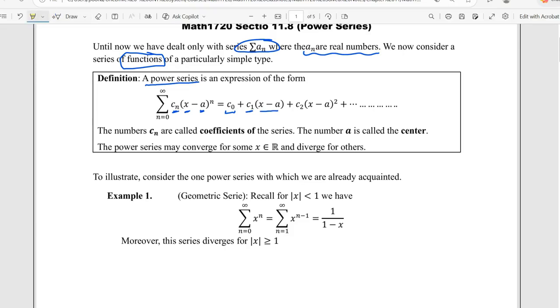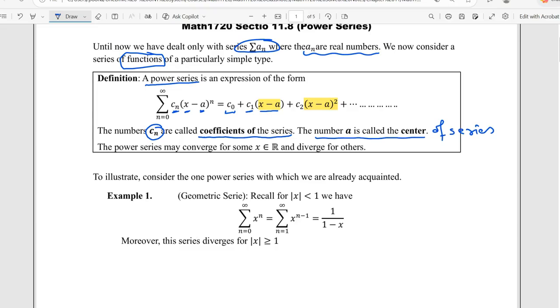You notice in the series, each term has a function of x here. That's why this is a different series than what we have been dealing with before. These constants, Cn's, are called coefficients of the series. And the number a is called the center of the series.